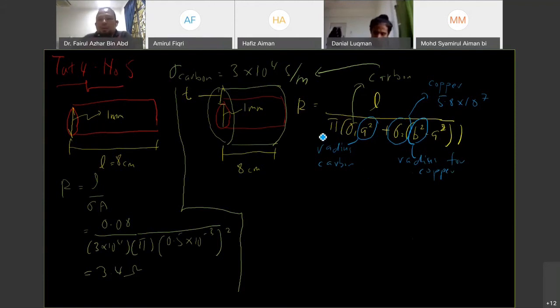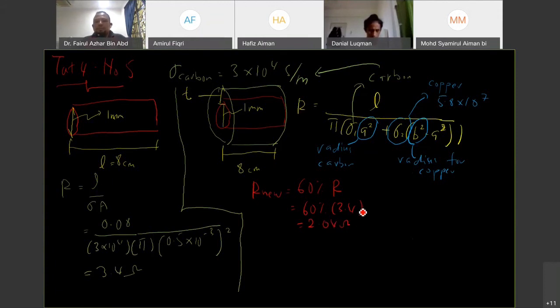In terms of resistance, we need to reduce the resistance by 40%. That means the R new that we need to find is equal to 60% of its original resistance. So 60% multiplied by 3.4 ohms gives 2.04 ohms.